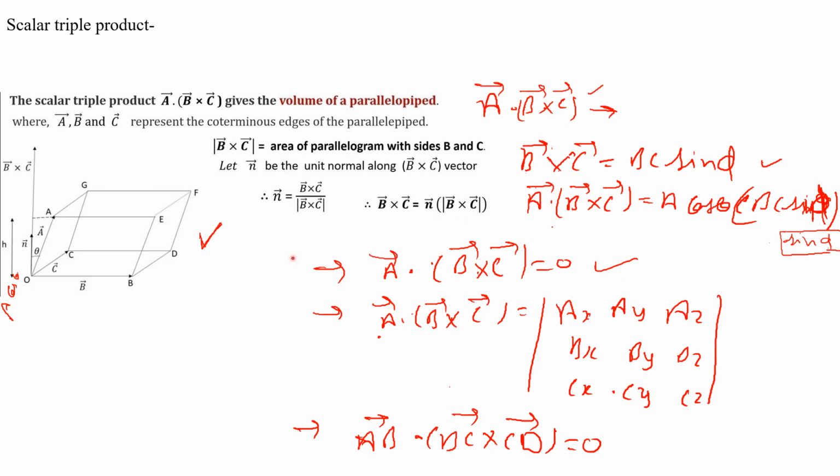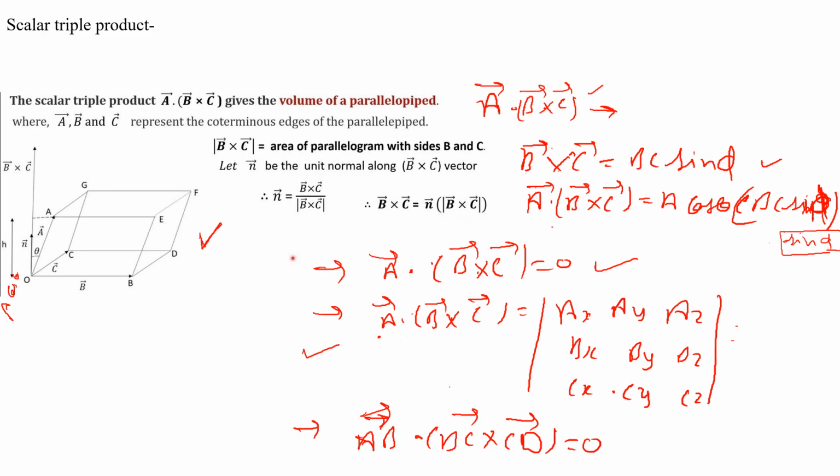In component form, we can also write A vector dot B vector cross C vector like this. And if A, B, C, D are 4 points and these are all coplanar, then AB vector dot BC vector cross CD vector is equal to 0.